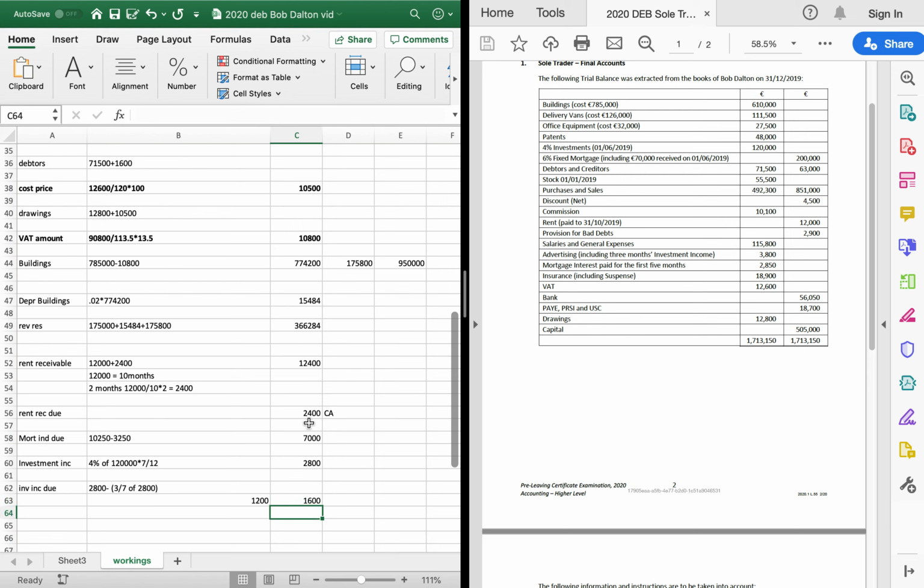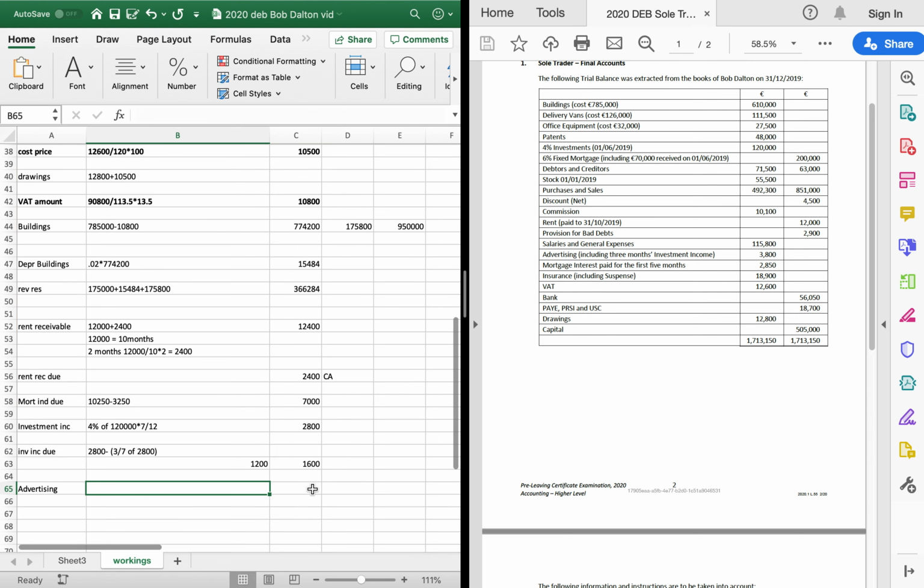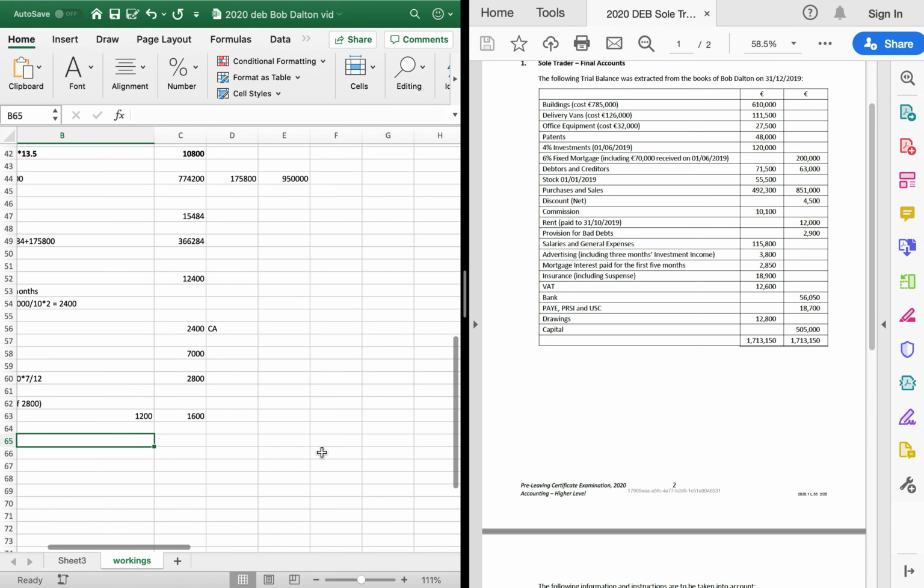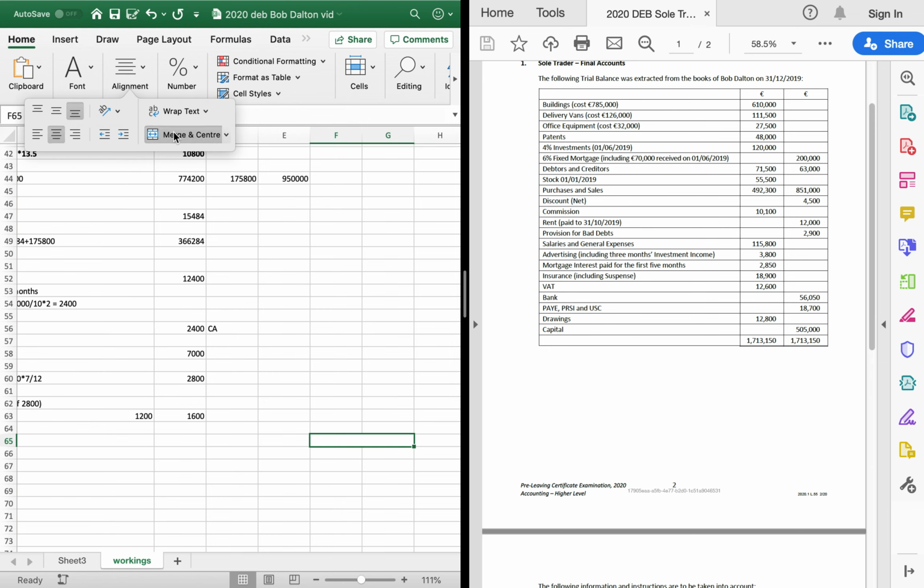Now, what does that do to the advertising? It's a bit like with the patents, right? Advertising is an expense. Just to show you what this looks like in a T account as well. Advertising is an expense.